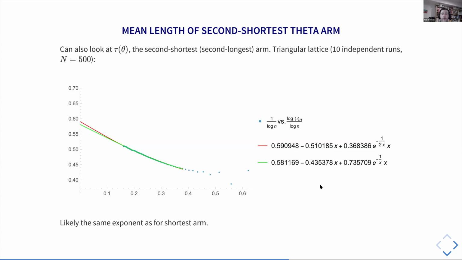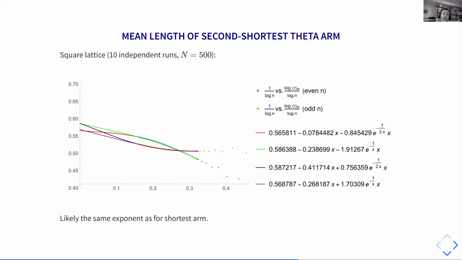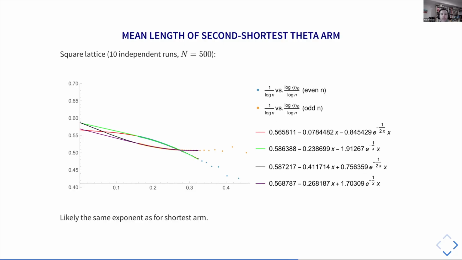So that's the triangular lattice. And then the square lattice is a little bit messier. The data is a little bit all over the place depending on what correction to scaling you're trying to fit it against. But I did say it's very likely, again, about the same thing, about 0.58, 0.59 or so.